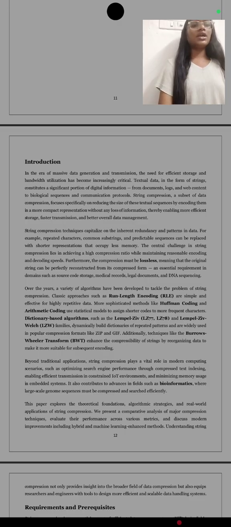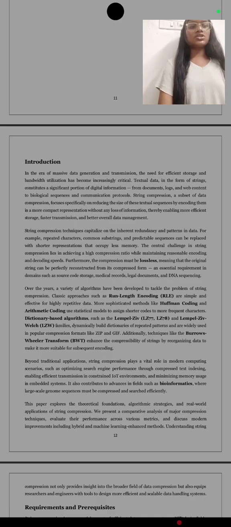Over the years, a variety of algorithms have been developed to tackle the problem of string compression. Classic approaches such as run length encoding, RLE, are simple and effective for highly repetitive data. More sophisticated methods like Huffman encoding and arithmetic coding use statistical models to assign shorter codes to more frequent characters.